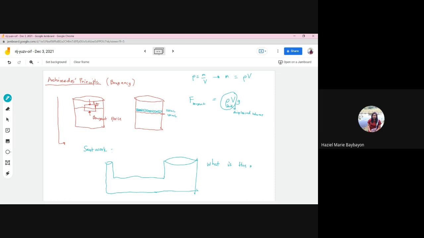What is the minimum input force, F input, that you will exert in order to lift an elephant that has a mass equal to 400 kilograms?